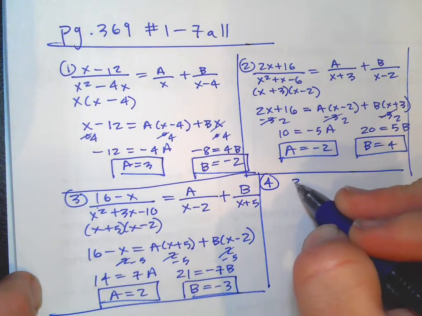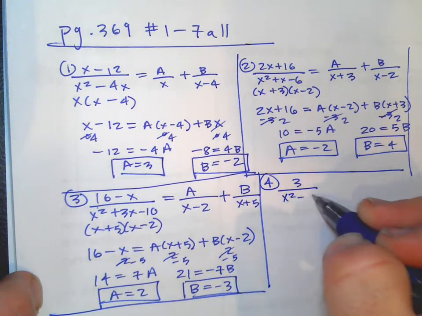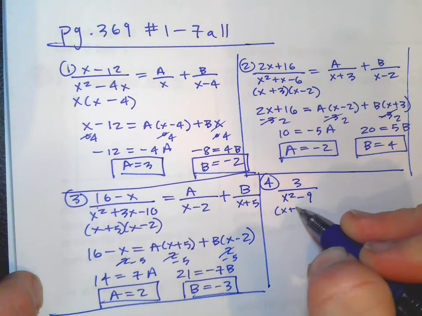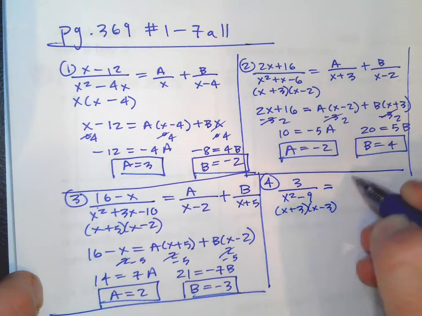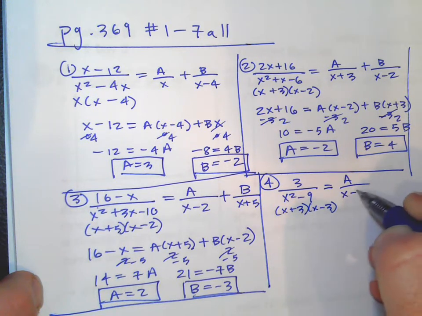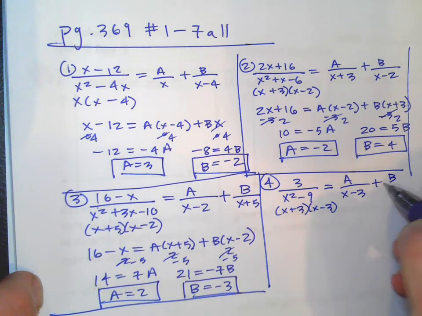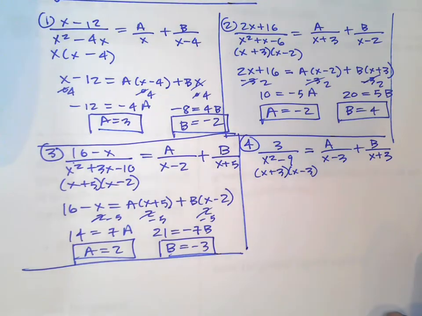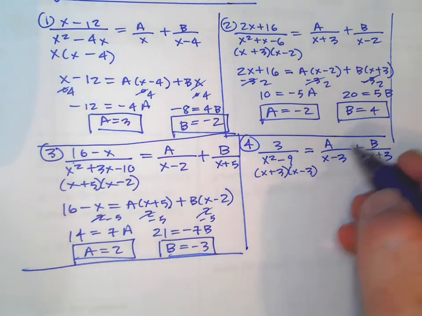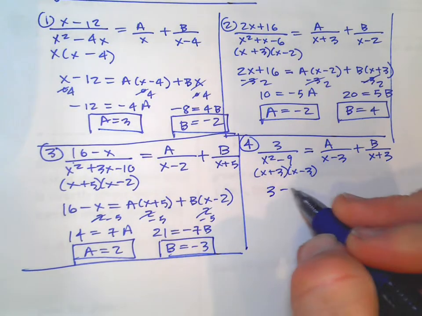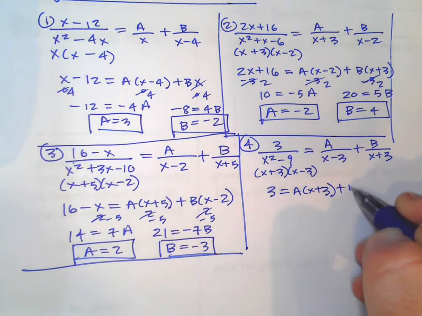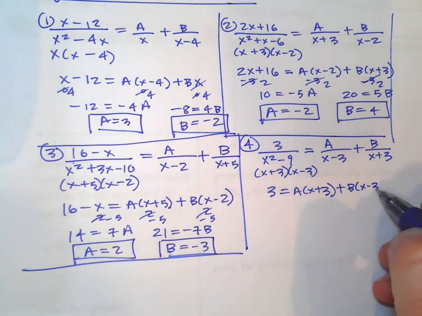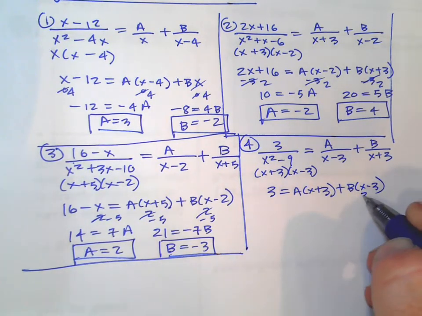Number 4, 3 over x squared minus 9. That'd be (x plus 3)(x minus 3). This is not a repeated root. So they had A over x minus 3 and B over x plus 3. When you do your own, it doesn't really matter. But since we're using theirs, multiply through by the least common denominator. And we could plug a 3 in everywhere.